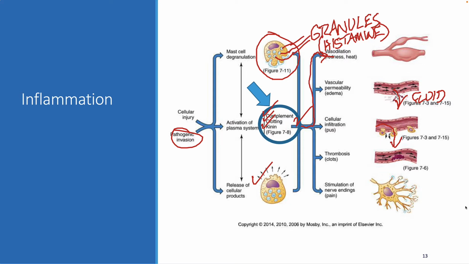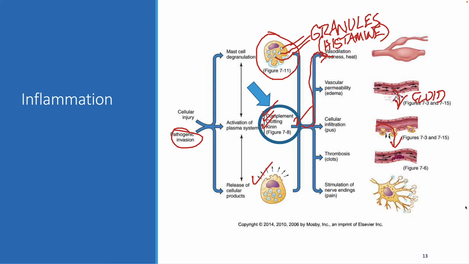Thrombosis happens in the vascular epithelium, and that thrombosis is part of the healing process as well. Because if the organism that is causing the infection, for instance, is an anticoagulant, then that would cause more bleeding to occur at that site and potentially loss of limb or loss of life.